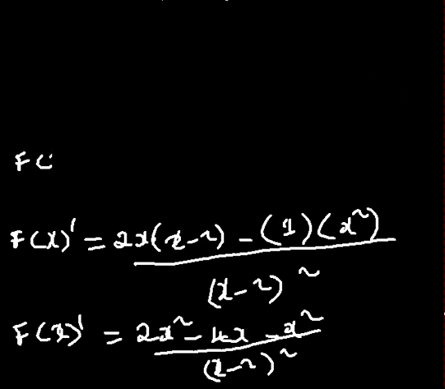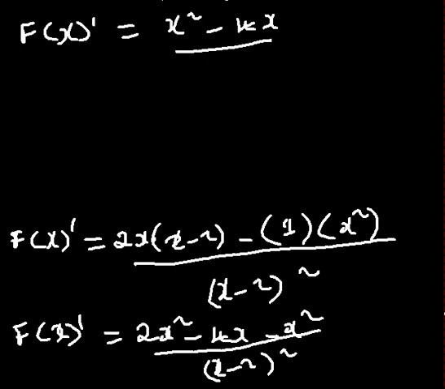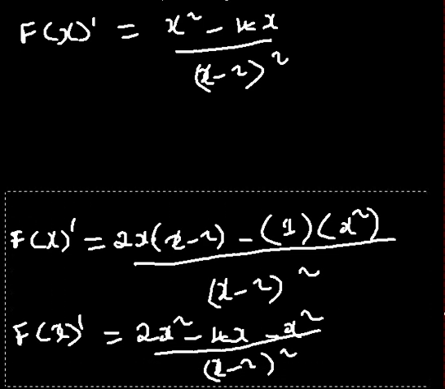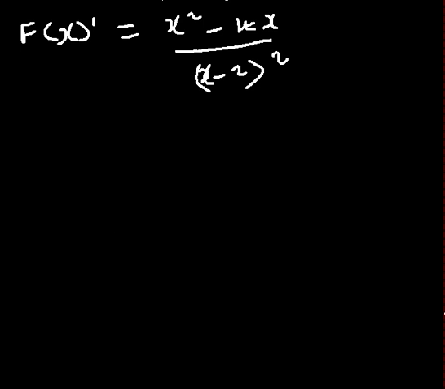From that point, f prime of x is given, combining the like terms, as x squared minus 4x, divided by (x minus 2) squared. And now from there we equate this to 0, according to Fermat's theorem.